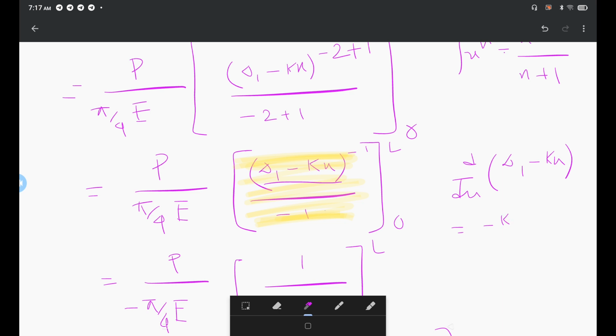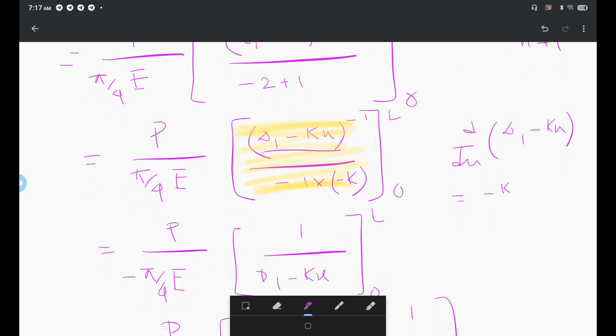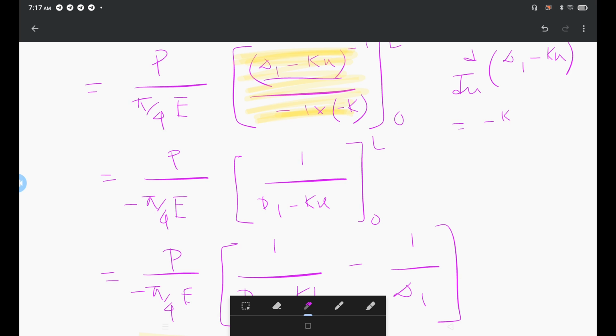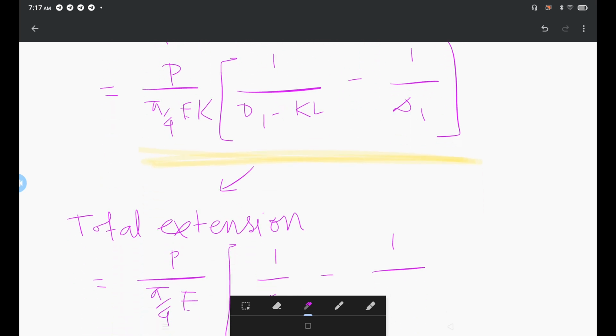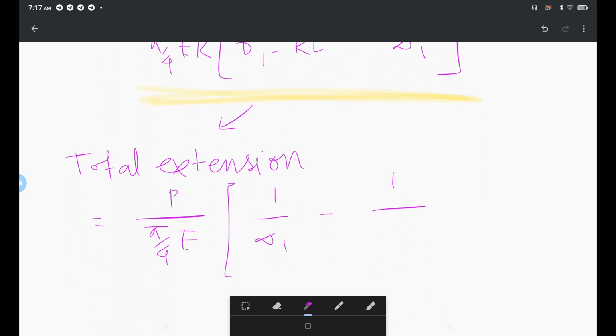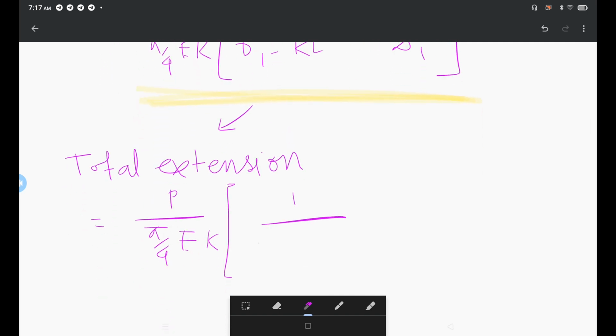So only k will be there. So it is P upon pi by 4 E k, 1 upon (d1 minus kL) minus 1 upon d1. This is the total extension.